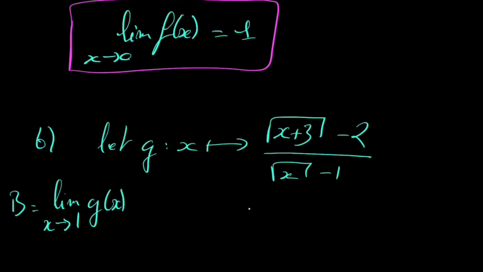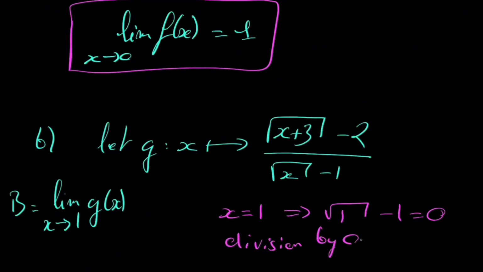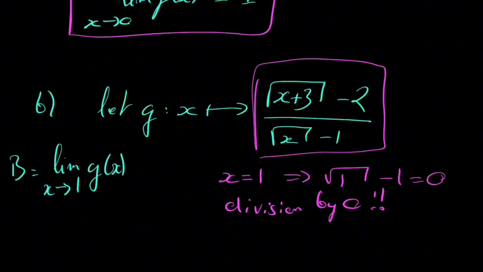Here we have a problem because when x is equal to 1, square root of 1 minus 1 is equal to 0, and we don't want a division by 0. So we will have to work this a little bit.